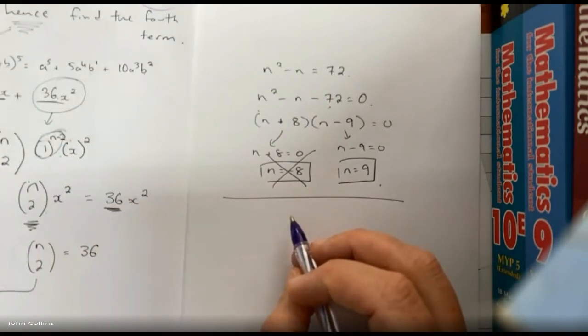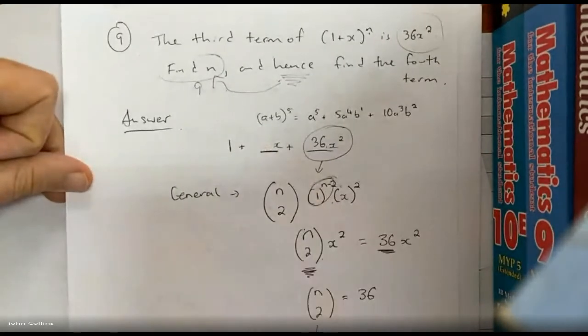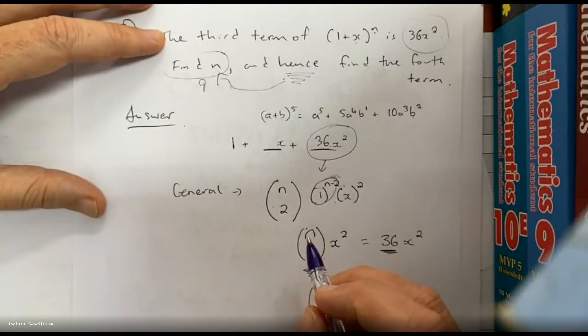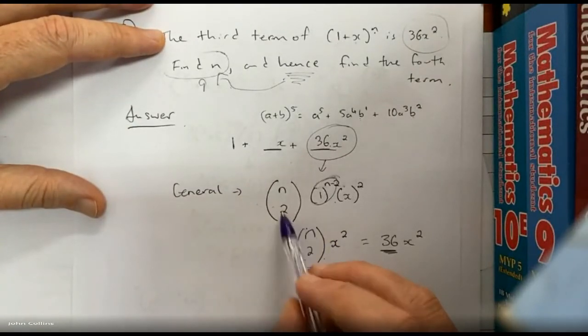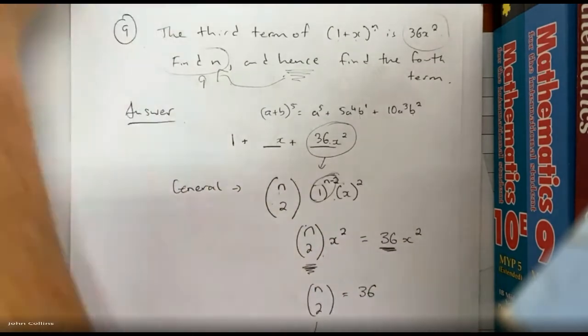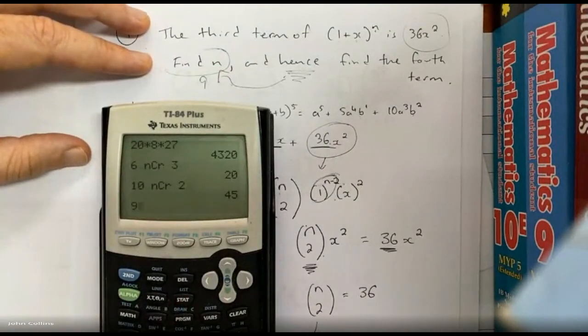Is 9 the coefficient of the second term? As in, is 9 here? Well, you could find that out. So it'd be 9 choose 2, and you'd have to do that in your calculator.